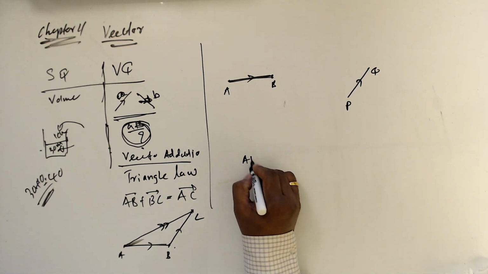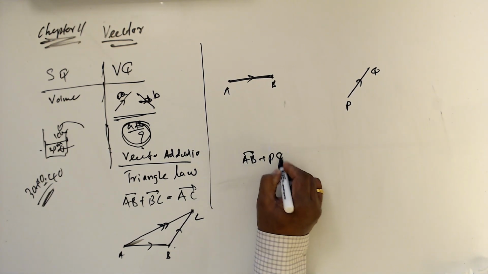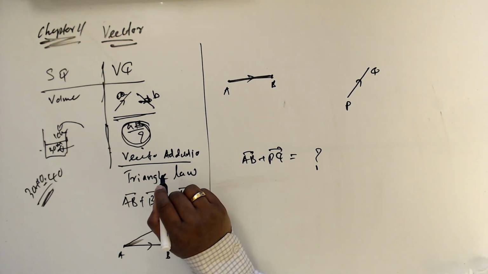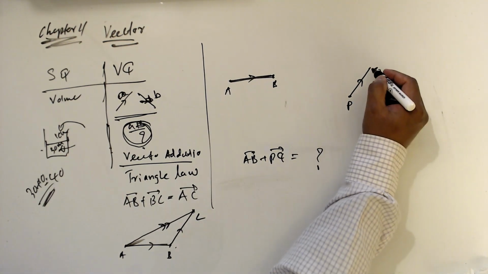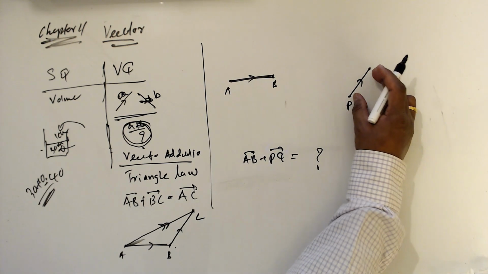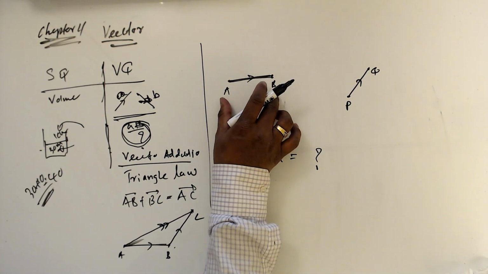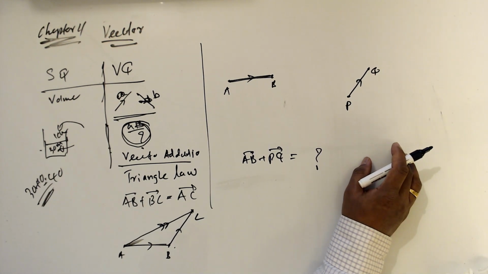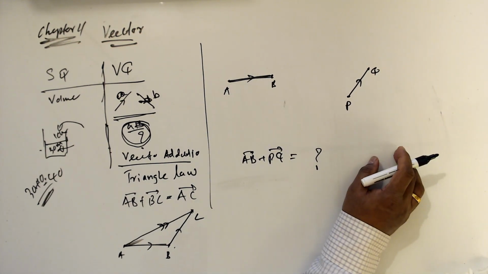Now I want to add AB plus PQ. How do you do it? Now I want to bring this AB and PQ into a triangle. So I'll leave AB here.